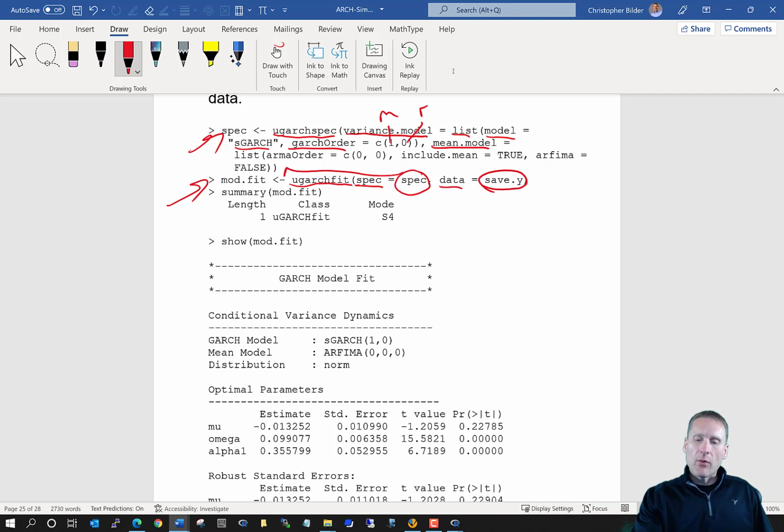And then I also say, well, what do I want to use for my regular old ARMA model? And that's what the mean.model argument stands for. So I can say list armaOrder, p equal to 0, q equal to 0. Make sure you estimate the mean. While this is the default, I wanted to mention this. Notice it also allows you to work with ARFIMA models. Now, depending upon the semester that I teach this, sometimes I will talk about these additional types of models called ARFIMA models.